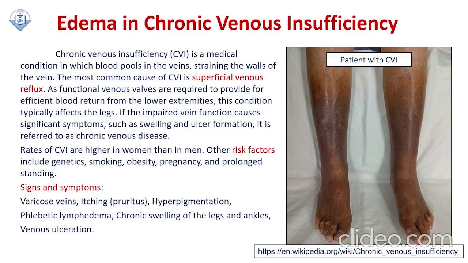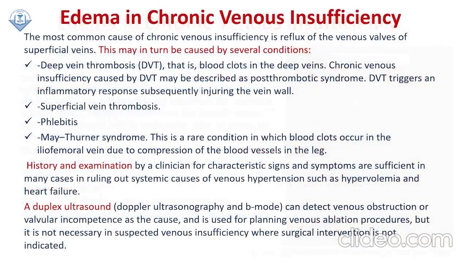Signs and symptoms of this condition are varicose veins in the background, itching, pruritus, hyperpigmentation with brown discoloration of skin, phlebitic lymphedema in anamnesis, chronic swelling of legs and ankles, and venous ulceration. The most common cause, as we said, is reflux.